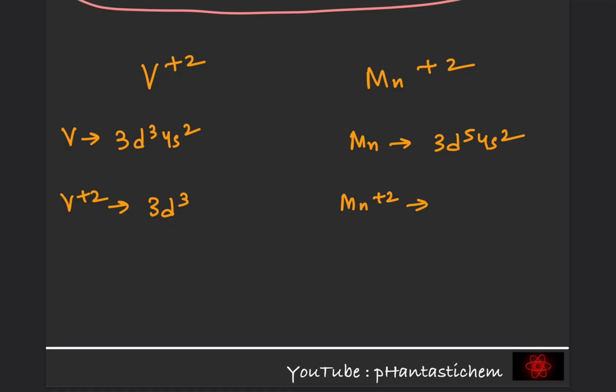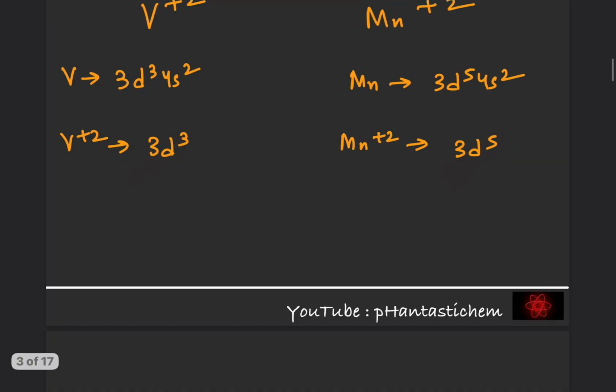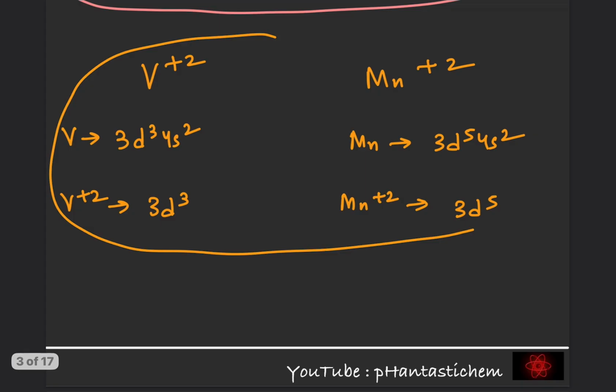For manganese+2, we remove electrons from 4s, so it will be 3d5. You can see both will show color. So this is one of the pairs in which both species show color.